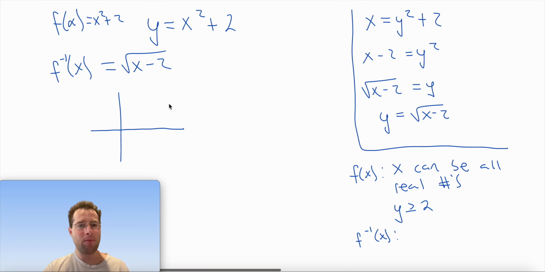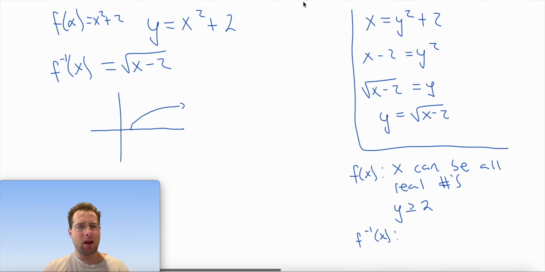And this one, x minus 2, that's shifted over right 2 units. It's a transformation right 2 units. So it's going to be somewhere right here, and then it's going to branch out.